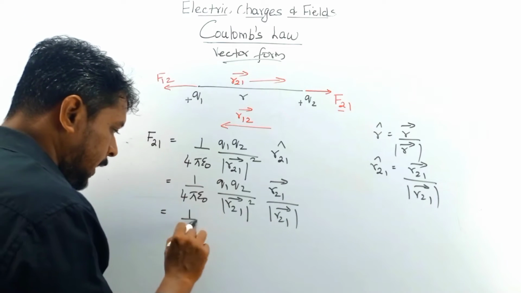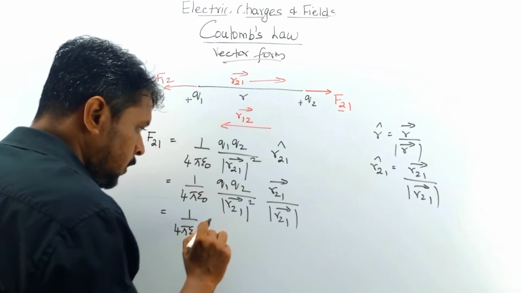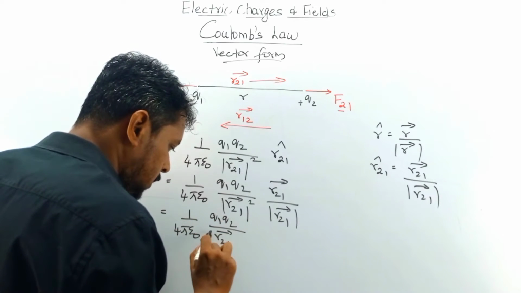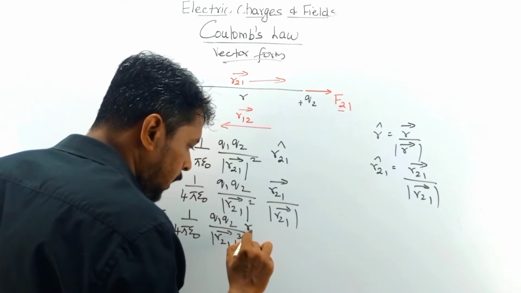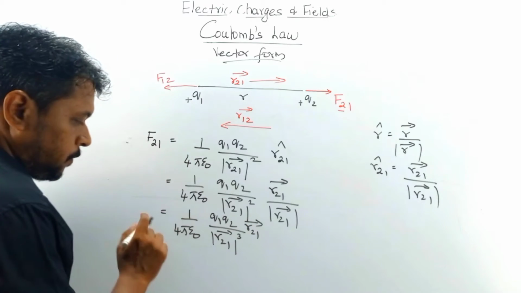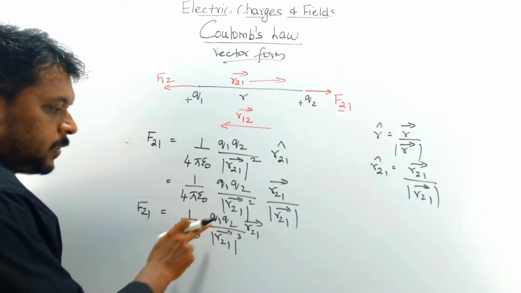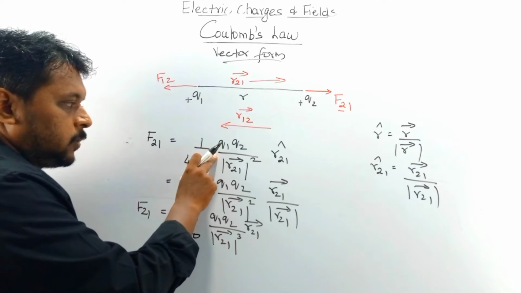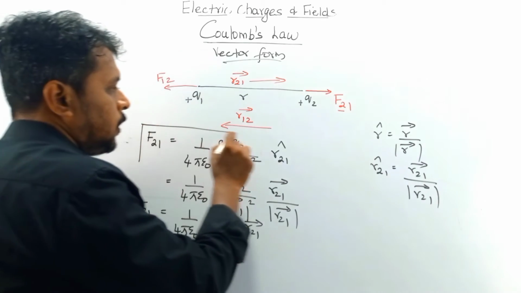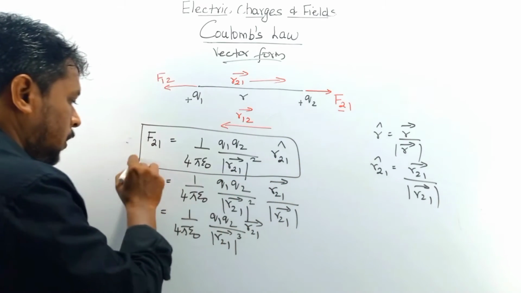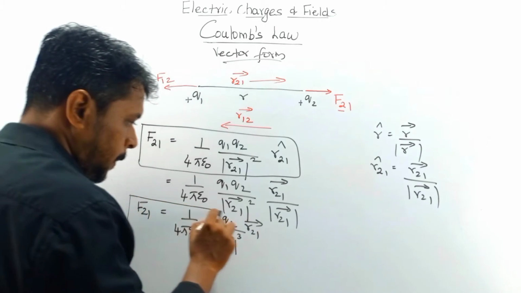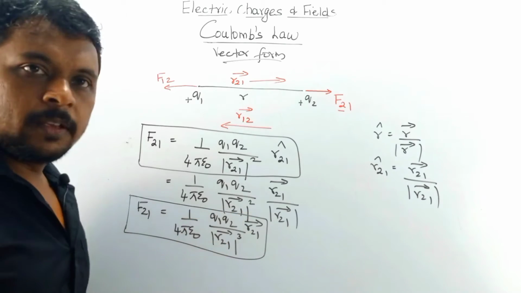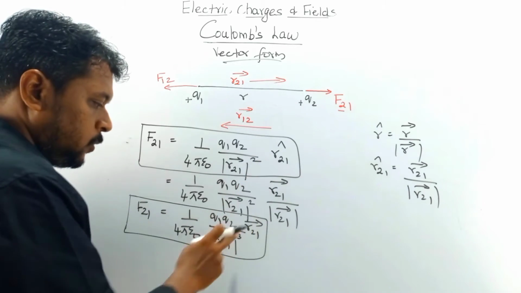This could be written as 1 by 4 pi epsilon naught, Q1 Q2 by the cube of the modulus of r21, times the r21 vector. Yes, F21 is represented like this. So keep in mind this form and also this one. Both are correct. If we expand this unit vector, it could be written like this.